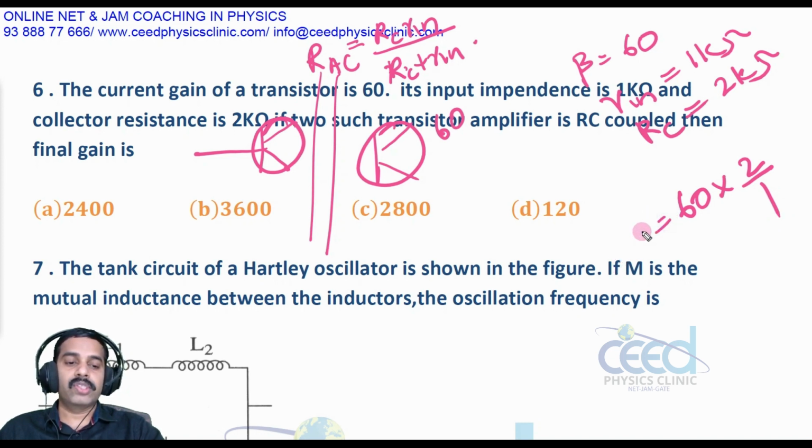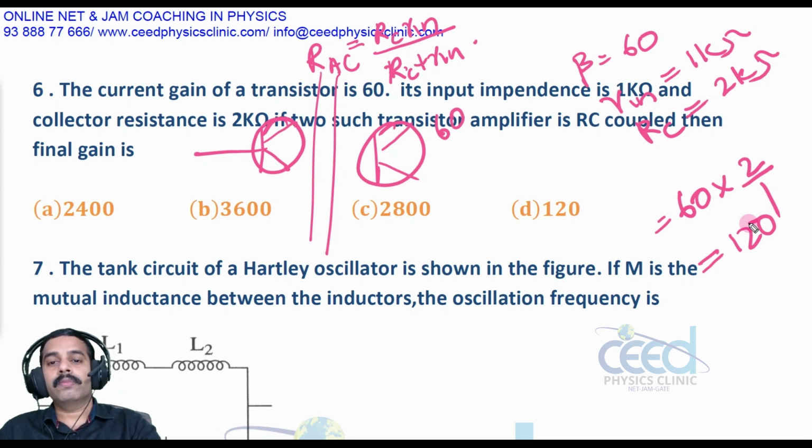So in the first stage our gain would be 60 into 2, that is 120. But in the first stage the gain will be different due to loading effect. The output of the first stage and the input of the second stage together have a loading effect. So we have to solve RAC. What is RAC?